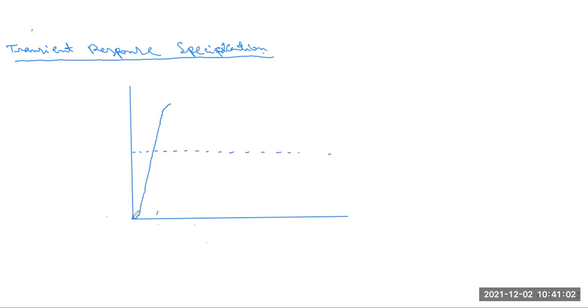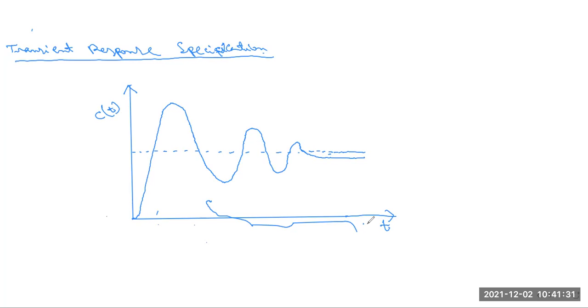It increases, then also decreases, something like this pattern. Here also we have to consider infinite time range.